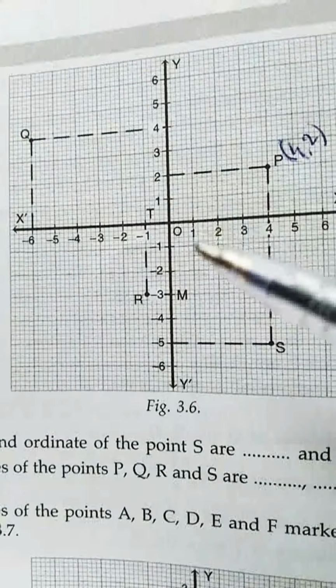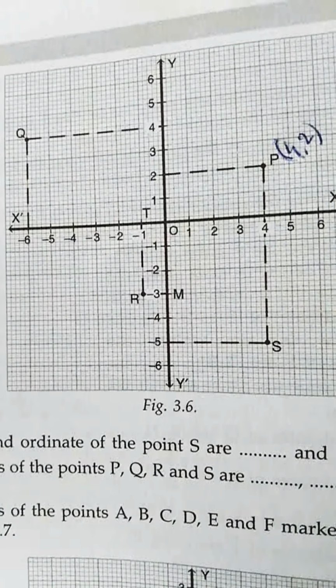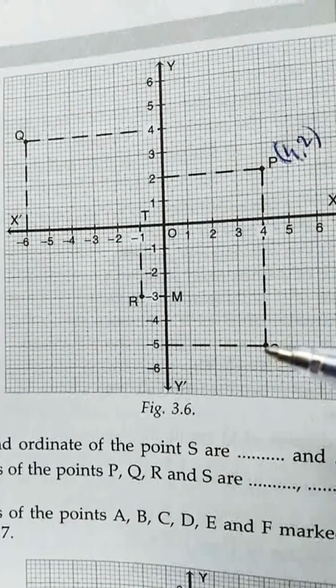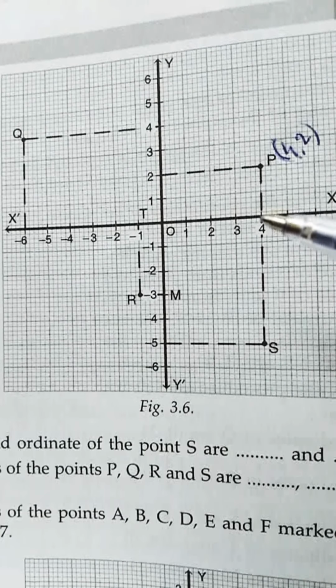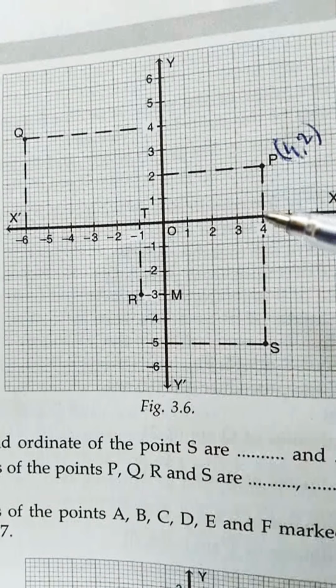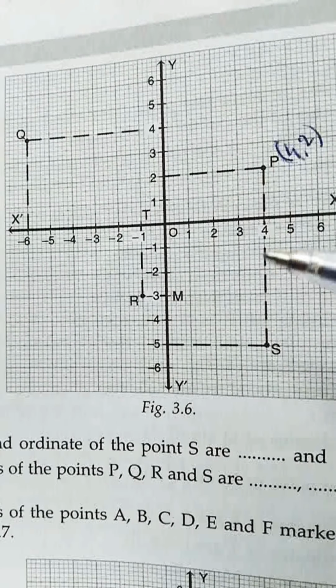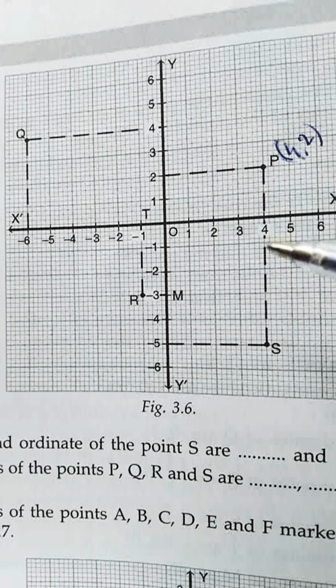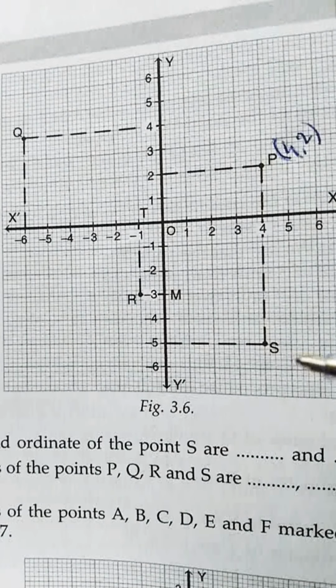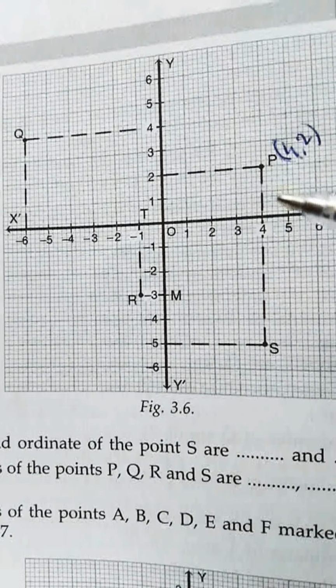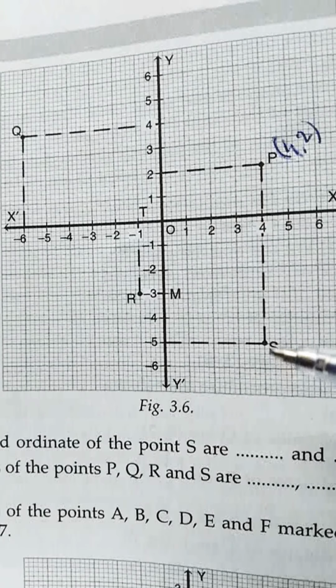Similarly, if we need to find the coordinate of, say, S, then on the right side we will move 4 units, and then to reach the position S we'll have to go down. So down 1, 2, 3, 4, 5 units. So the coordinate of S will be plus 4 and minus 5.